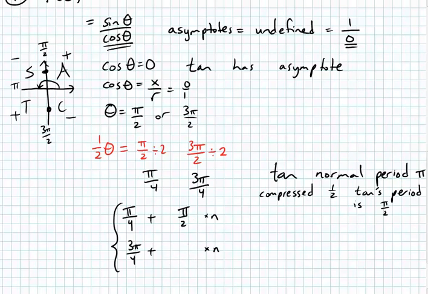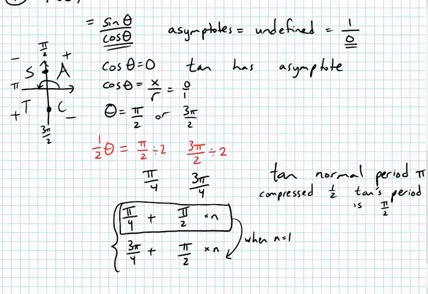The shortest way to write this is just with the top line. Because if I take the top line and add pi over 2, I actually get down to the second line. When n is 1, pi over 2 plus pi over 4 actually is 3 pi over 4. So then the answer would be D.